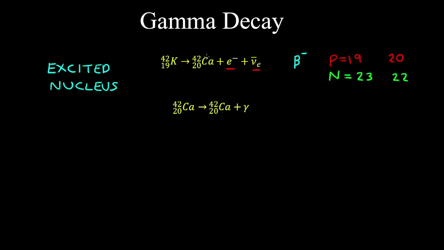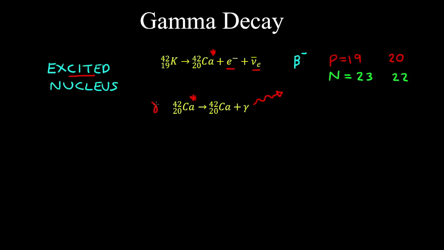So this nucleus is still in a high energy or excited state. So we represent this with a star, and therefore for this nucleus to jump back down to a lower energy state, a photon is emitted in the form of gamma radiation.